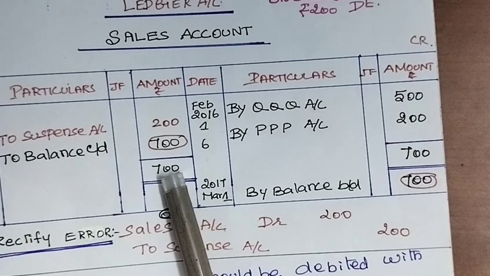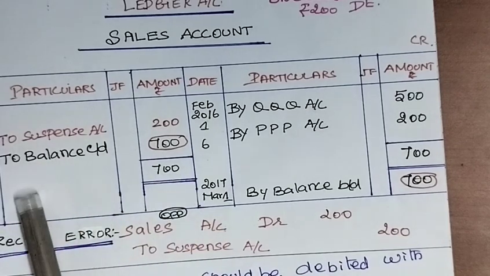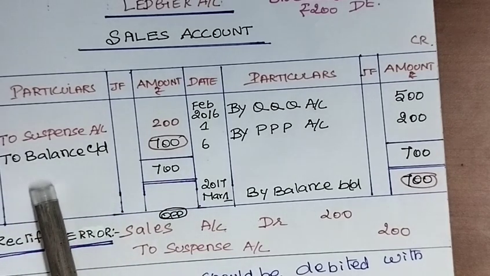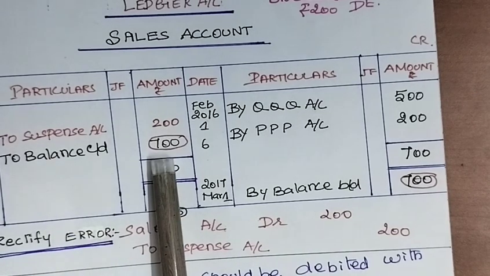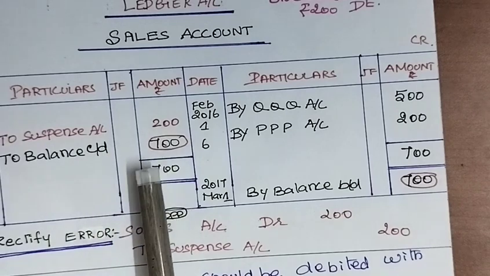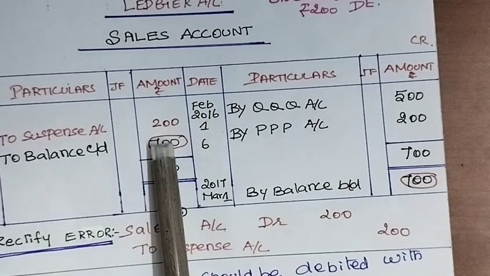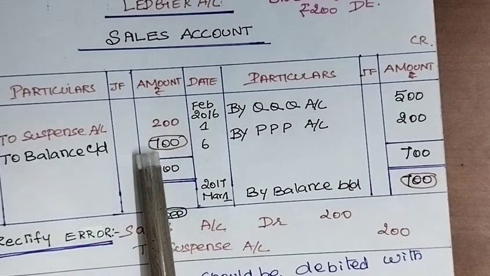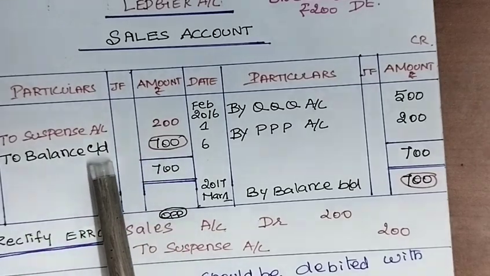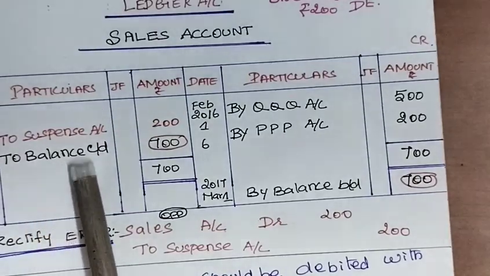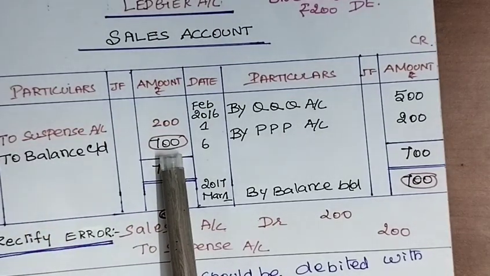Now after that we have to find out the closing balance of the sales account. Which side has the lesser value? Debit side has the lesser value. So we enter the 700 rupees difference on debit side as balance carried down. That means this is the closing balance of the sales account.